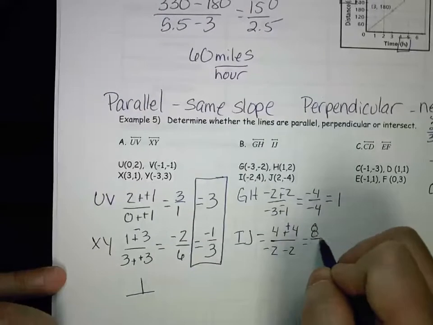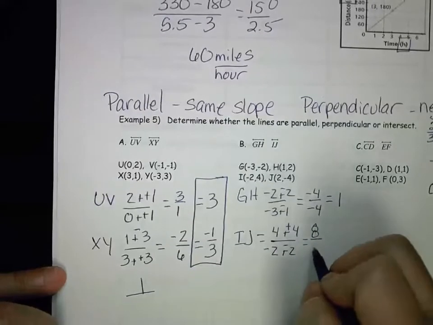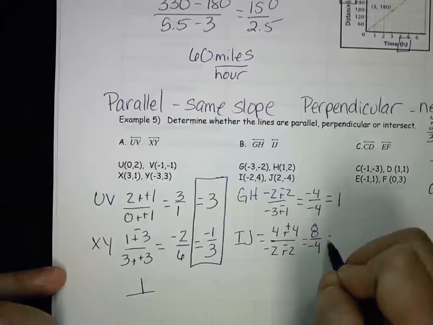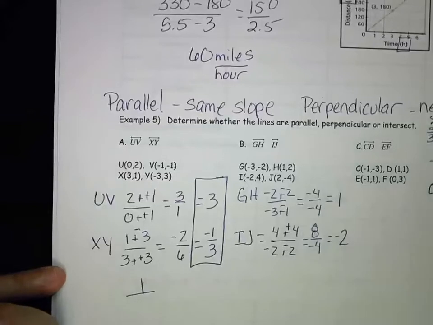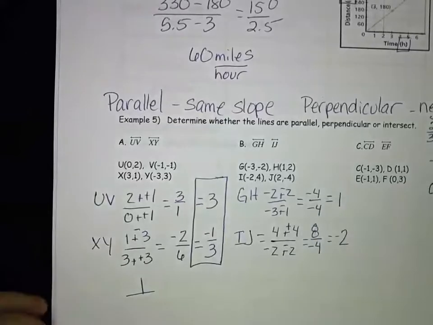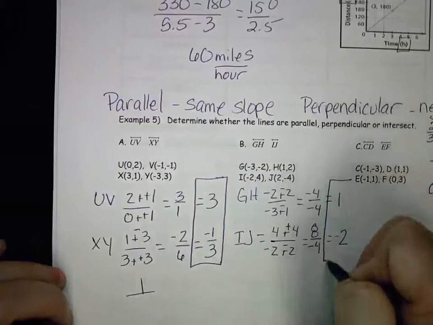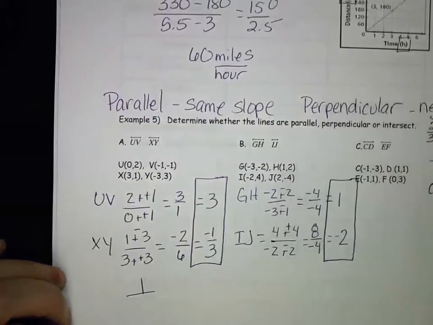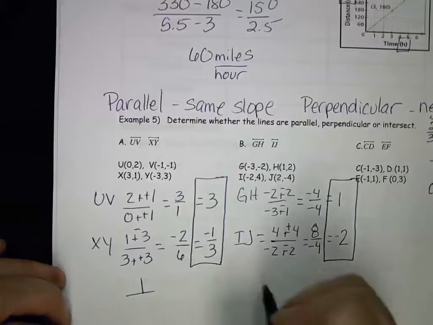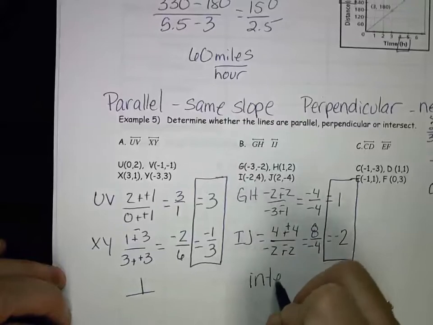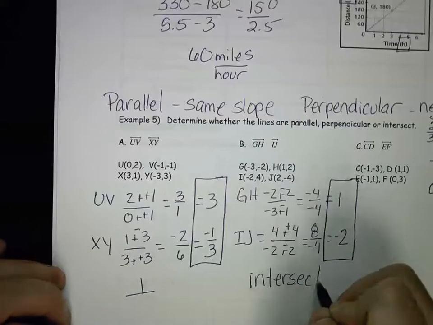That becomes 8 over -4, which is -2. And if you look at the relationship here, they have nothing in common. So those lines intersect.